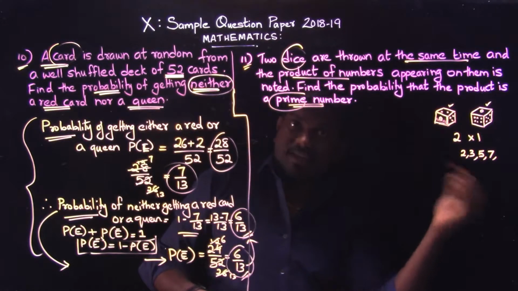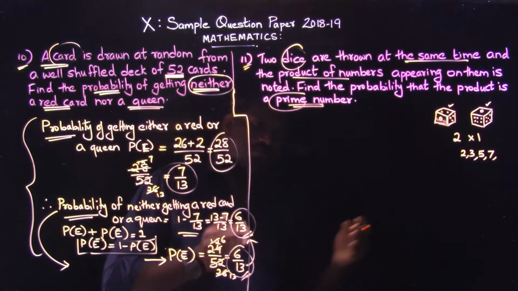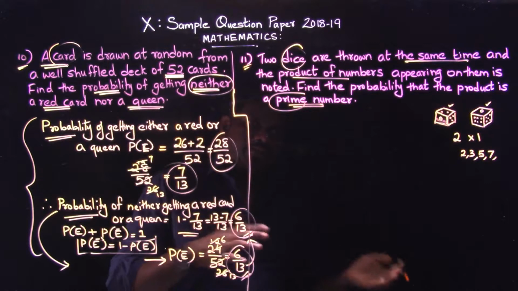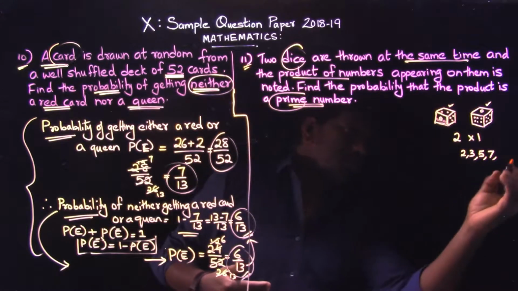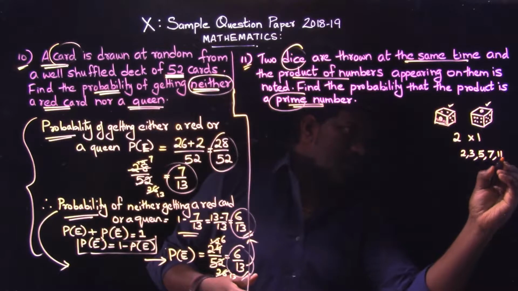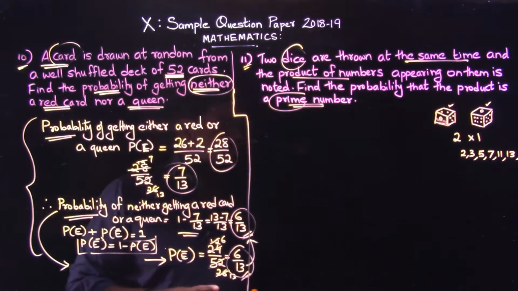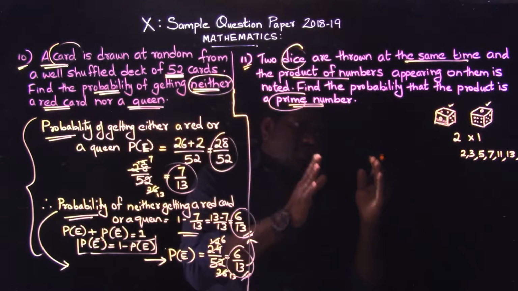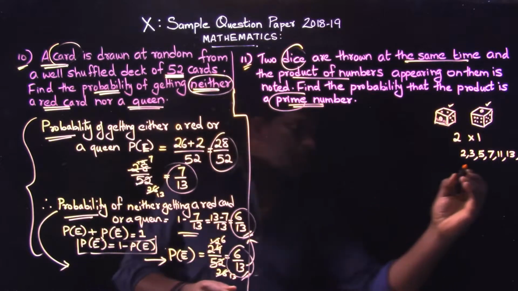Not 8, because 4 into 2 is 8, and 8 into 1 is 8, so it is not a prime. 9 is definitely not a prime. 10 nowhere. Then 11, 13, like that it goes. Those are the prime numbers which have only that number itself and 1 as factors. These are called prime numbers.